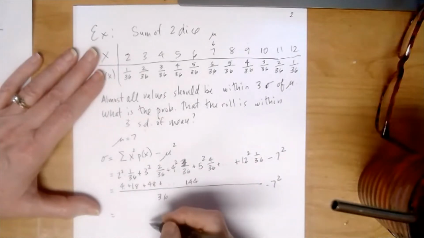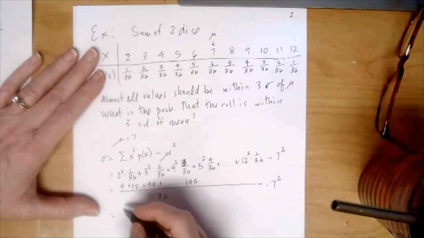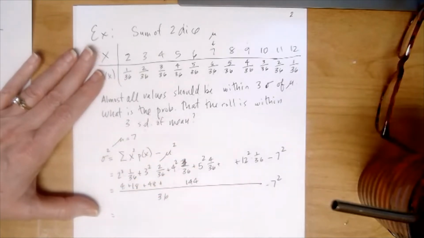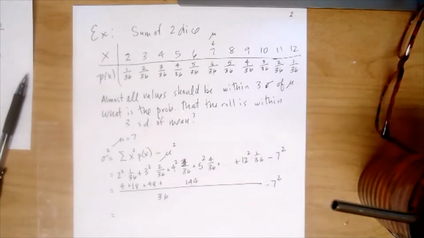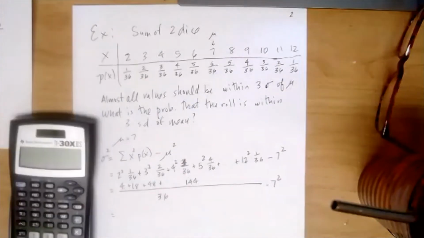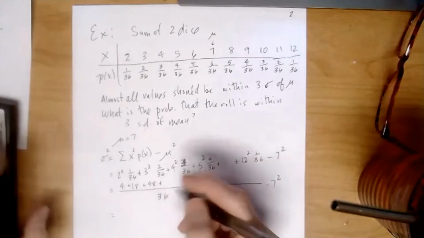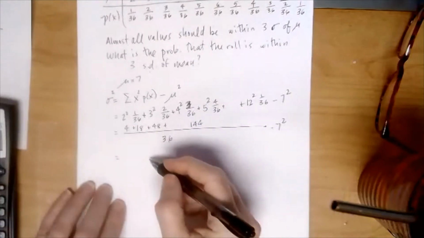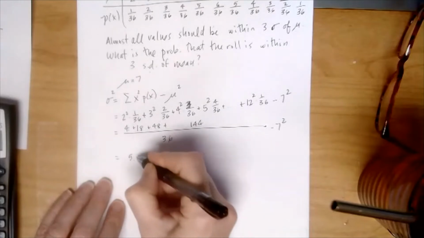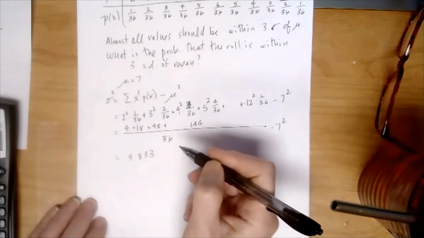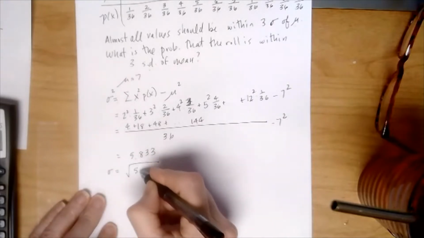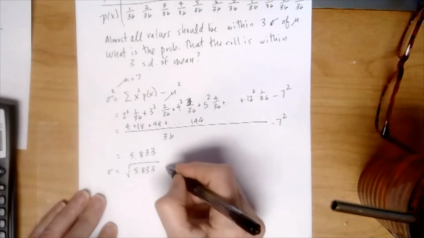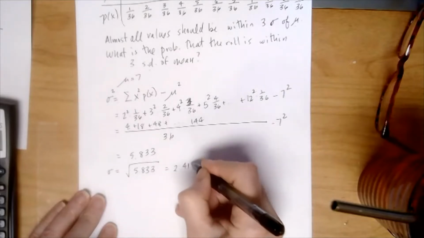And if you put all this in the calculator, this actually equals sigma squared, which is 5.833. And then sigma, the standard deviation, is the square root of that, and this is equal to 2.415.